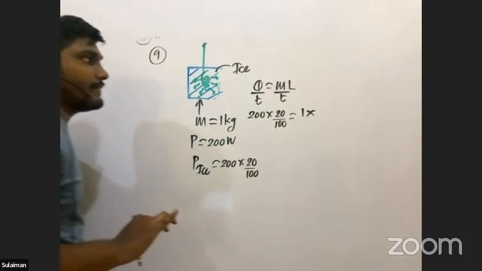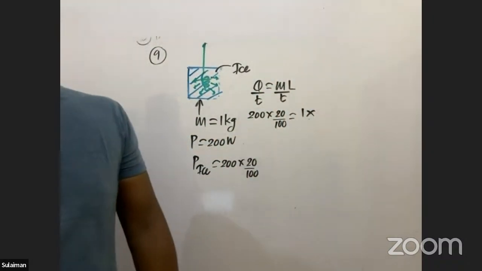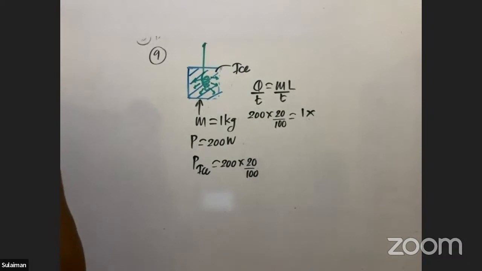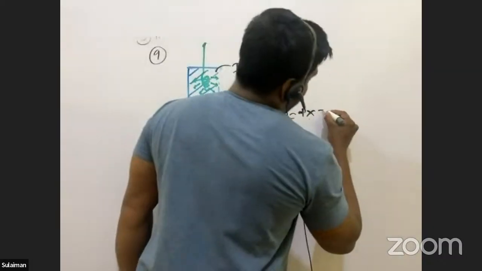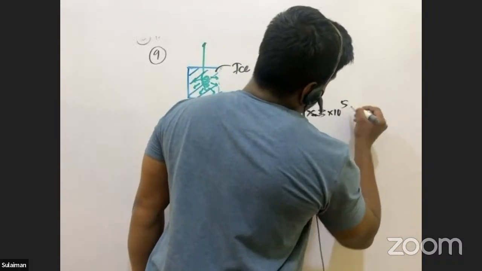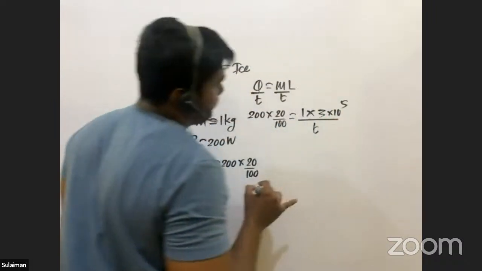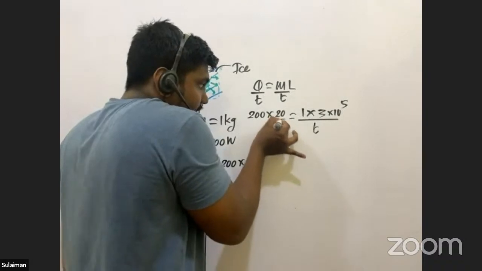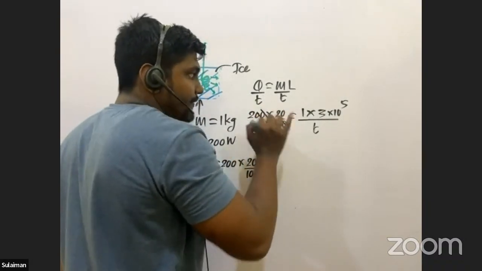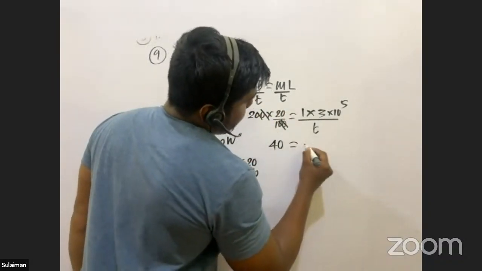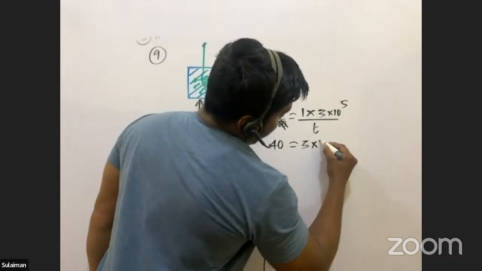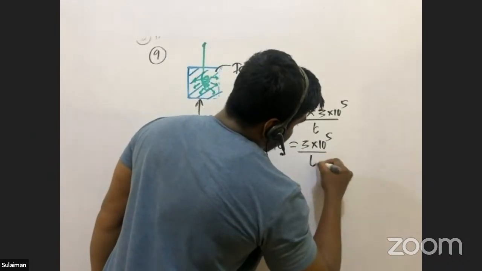Capital L, the latent heat of fusion, they have given as 3 × 10^5. The time is simple t. Then the 100s cancel out, and 20 × 2 means 40. So 40 equals 3 × 10^5 over simple t.